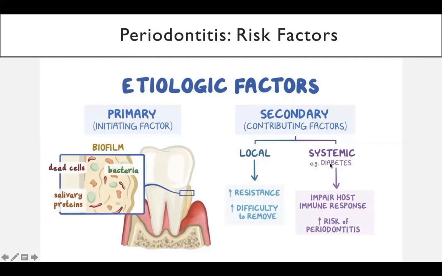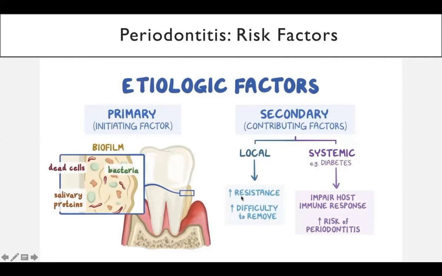What are the secondary causes? Some are local and some are systemic. Systemic includes immunocompromised patients, such as those with diabetes, which impairs the host immune response. Impaired immune responses or an immunocompromised state increase the risk of such diseases.